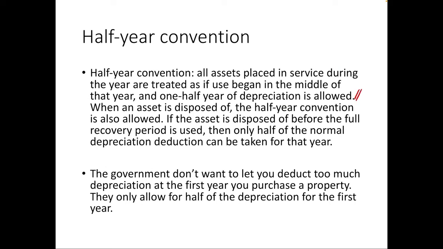And when an asset is disposed of, the half-year convention is also allowed, which means in the year when the asset is disposed of, the depreciation deduction for that year can only be the half-year depreciation deduction. Okay, no matter if you dispose of it at the beginning or in the end or in the middle or at any time in that year, that's the same.